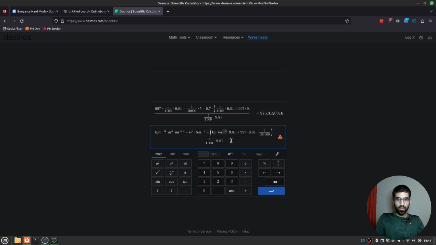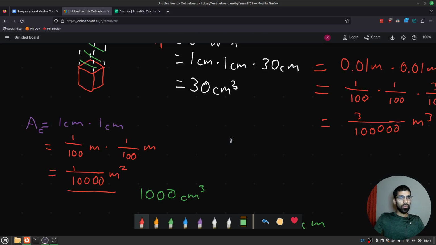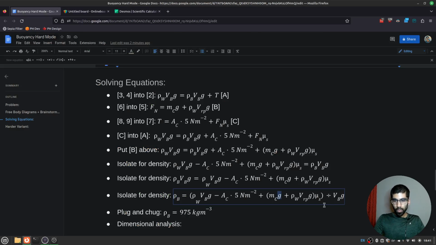This is meters per second squared. Another acceleration, we have kilograms per cubic meter for the density, meters per second squared for the acceleration. What's this thing over here? It is a volume.